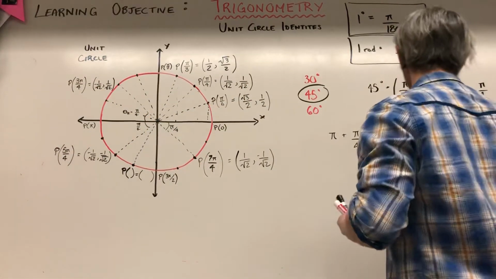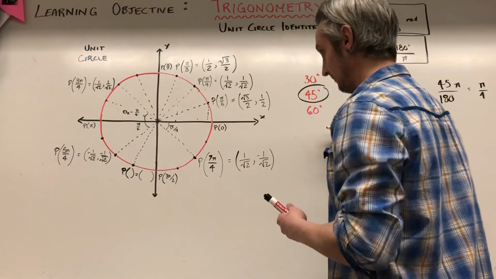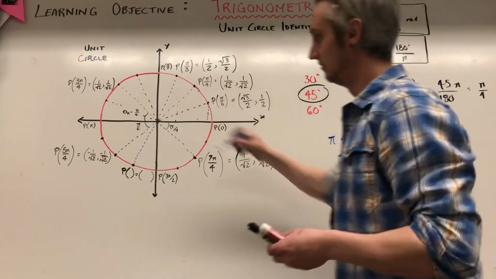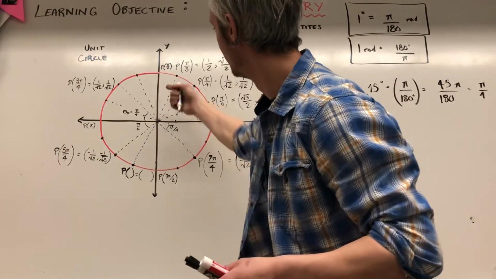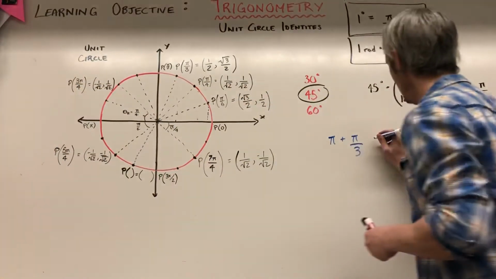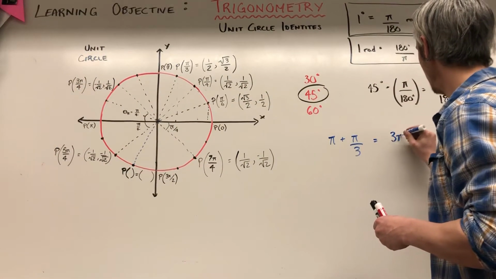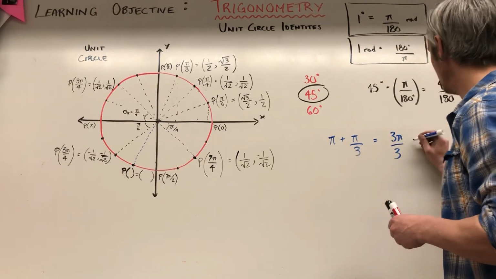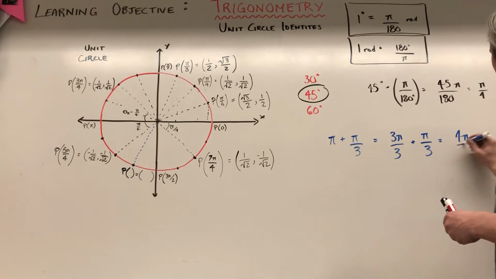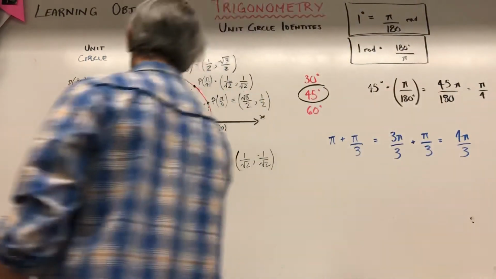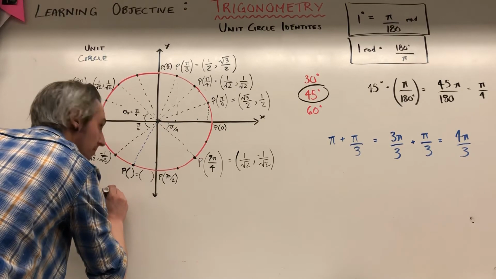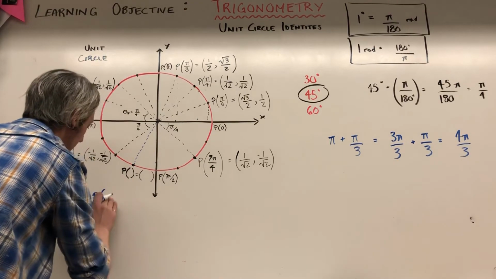So let's figure out first what that angle is. Pi plus pi over 3, which is my reference angle. This would be pi over 3. So pi plus pi over 3 is the same as 3 pi over 3 if I use the common denominator, plus pi over 3. And that gives me 4 pi over 3. So this angle is going to be angle 4 pi over 3.